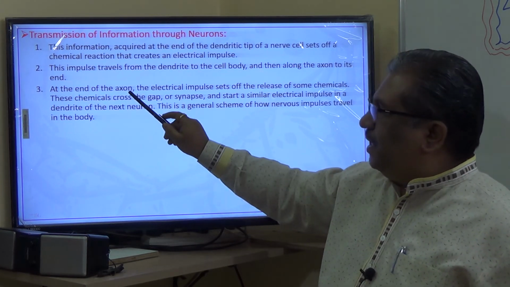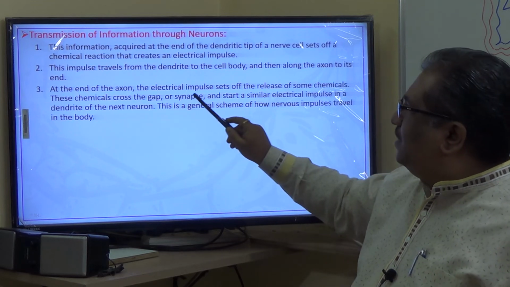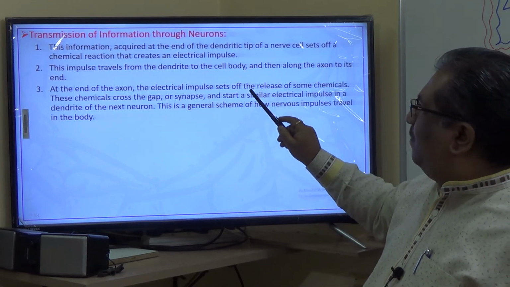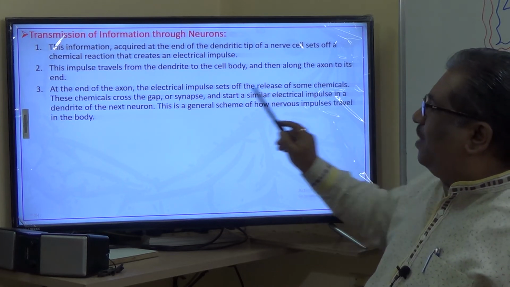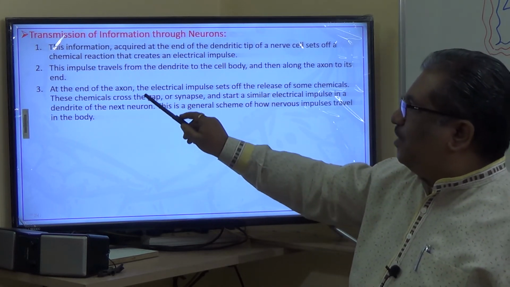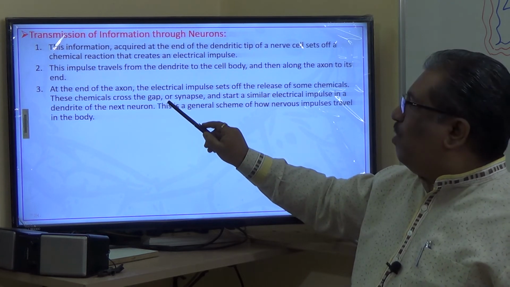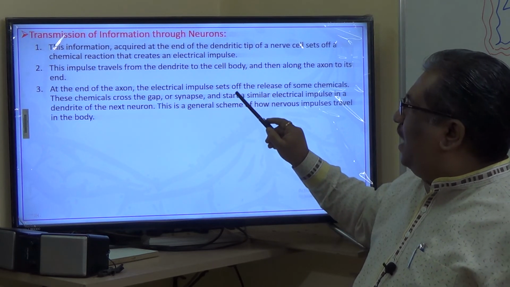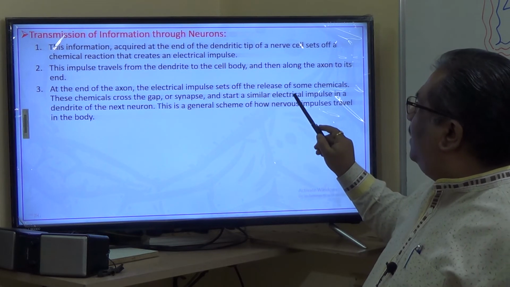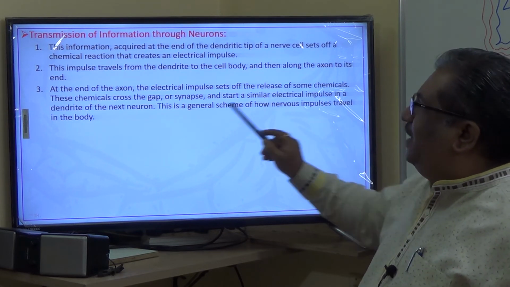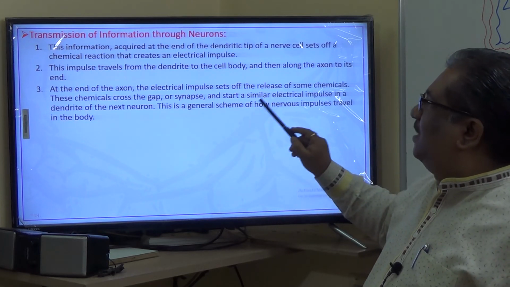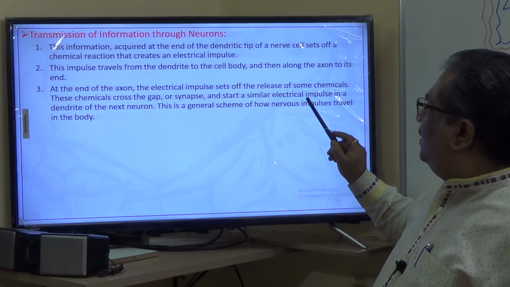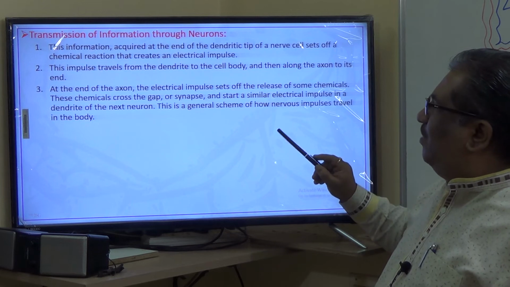At the end of the axon, the electrical impulse sets off the release of some chemicals. These chemicals cross the gap called synapse and start a similar electrical impulse in a dendrite of the next neuron. This is a general scheme of how the nervous impulses travel in the body.